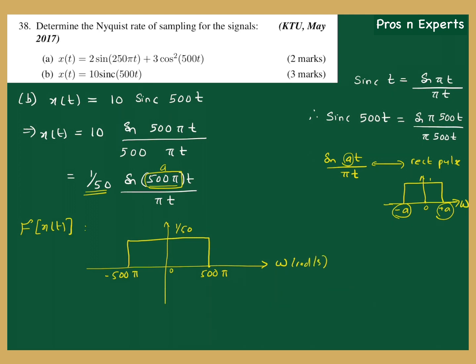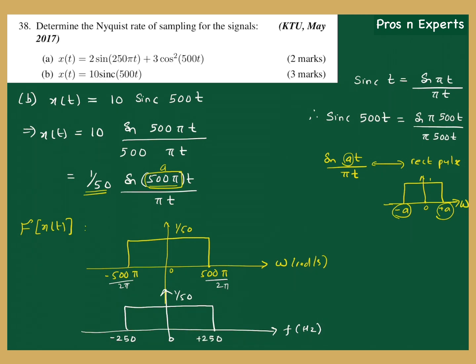If I want to convert it into hertz, I simply divide every x value by 2 pi, so the amplitude will not be affected. In hertz, minus 500 pi divided by 2 pi is minus 250, and 500 pi by 2 pi gives plus 250.